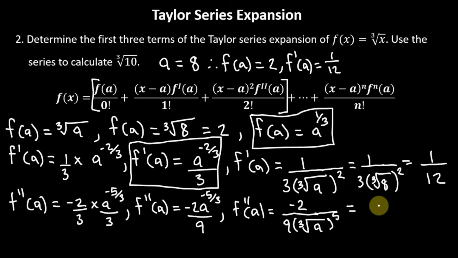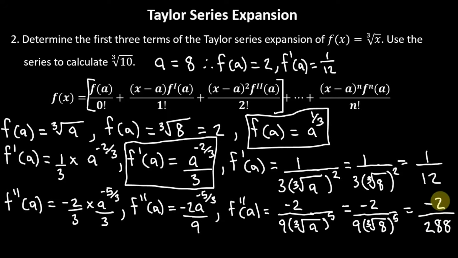and this will be equal to negative 2 over 9 in bracket the cube root of 8, because our a value is 8, raised to the power of 5. And what will this give us? We'll have negative 2 over, the cube root of 8 is of course 2. 2 raised to the power of 5 is 32, and of course 9 times 32 will give us 288.